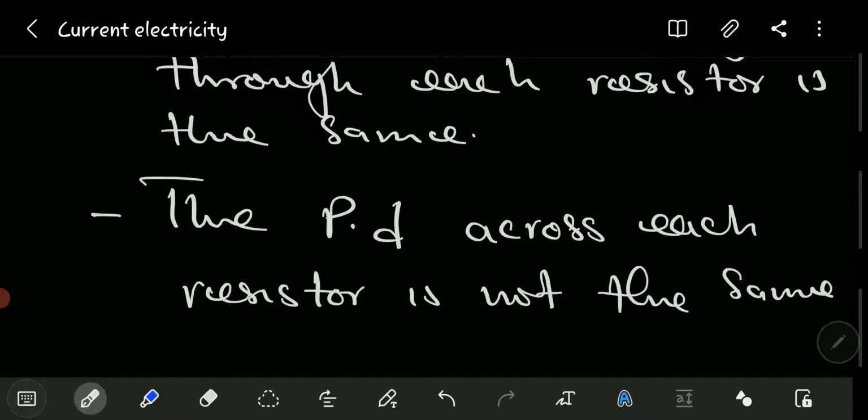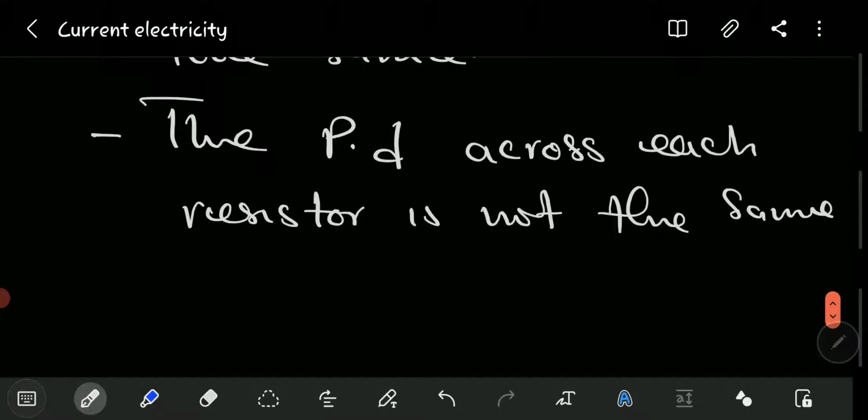Now, I said is not or may not. If the two resistors have equal resistance, the potential difference will be the same. But if the resistors have different values of resistance, then the potential difference is different. However, the sum of these is the EMF.